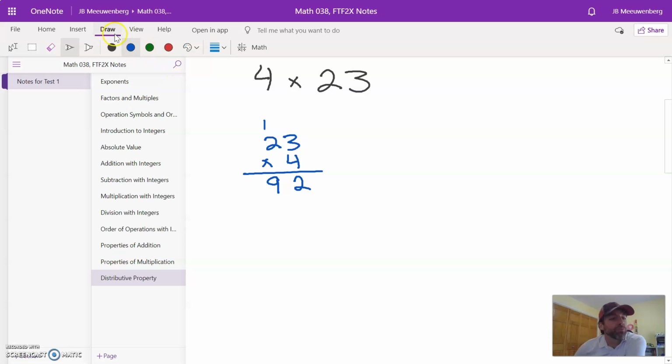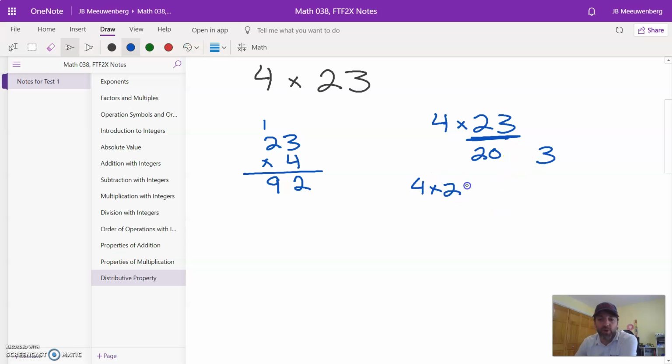How about we be a little more flexible with our thinking? What if we said, if I want to do 4 times 23, could I break the number 23 up into 20 and 3 and do 4 times 20?